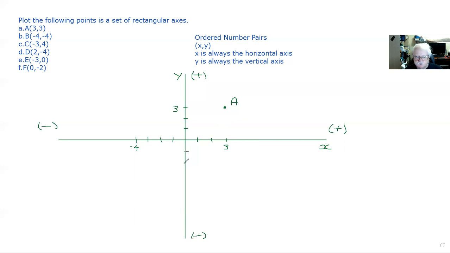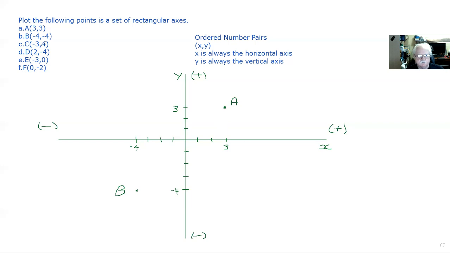So 1, 2, 3, 4, -4. And so the point represented by -4 and -4 would be somewhere like here. We can just call it point B.